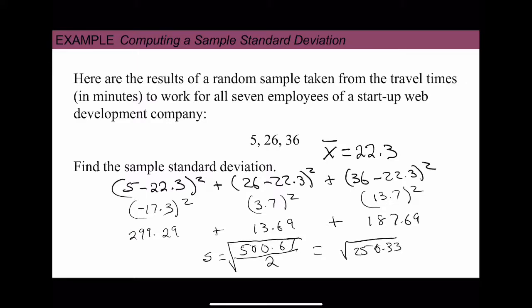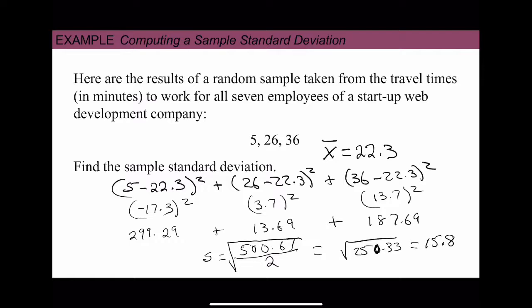Take the square root of that number, and I get approximately 15.8. So approximately 15.8 is my sample standard deviation on this. It's really the exact same thing. You just divide by n minus 1 instead of n.